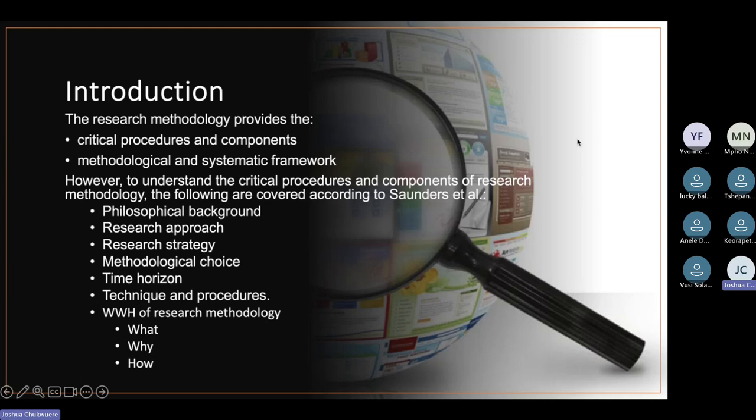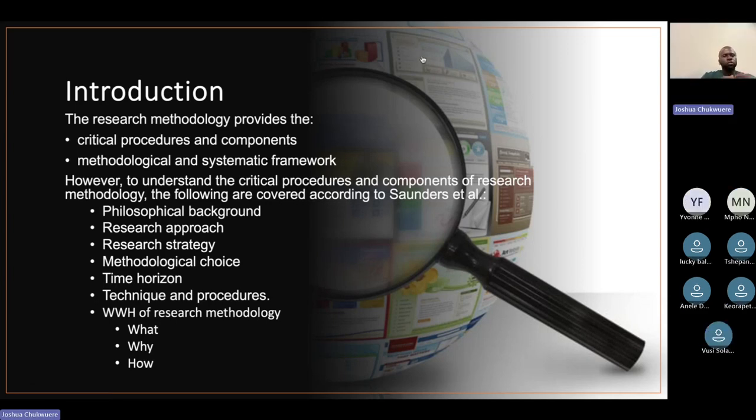You don't need to change it or do anything that is new. You are simply going to accept what is there and then fine tune it, customize it to fit into your research. And that is what your research methodology is all about.